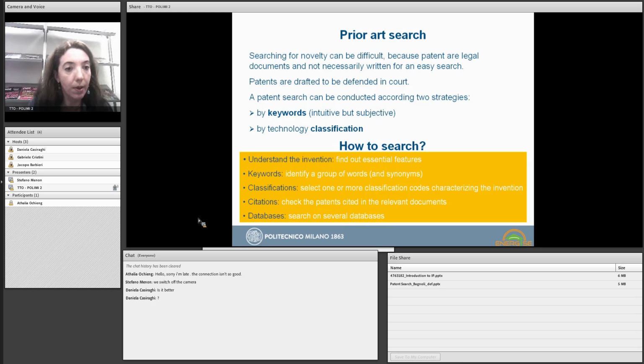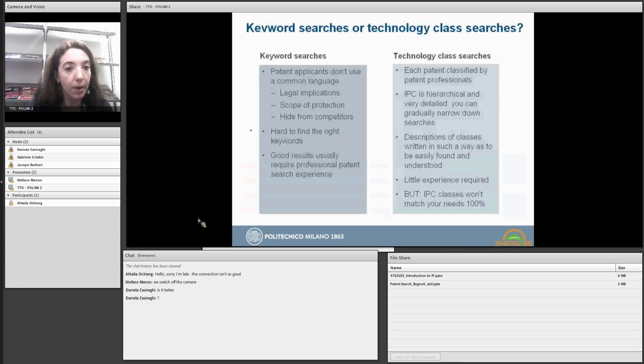Then I can check for patent citations. That means looking for all the patents that are cited in a document that I consider relevant for my research, and I need to use the proper database to find a patent.